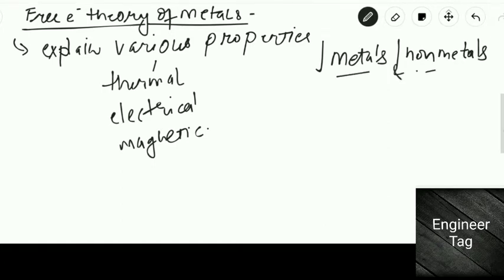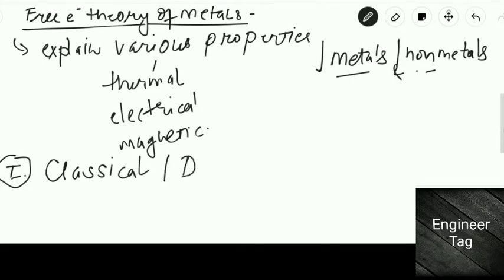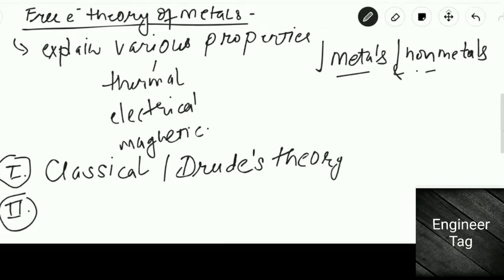Okay, so there were two theories. First one was your classical theory or your Drude's theory, and second one was your Sommerfeld or your quantum theory. There were two theories proposed. First one is named as classical theory because it obeys the classical model, Drude's theory of free electron.